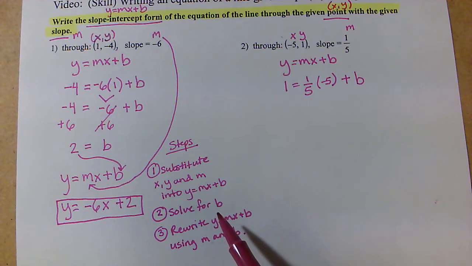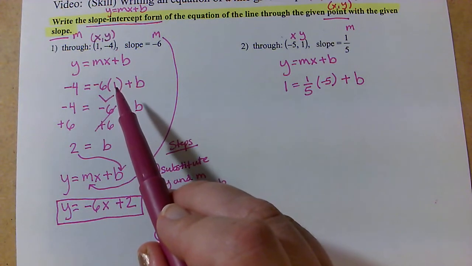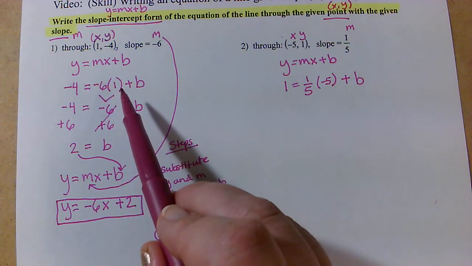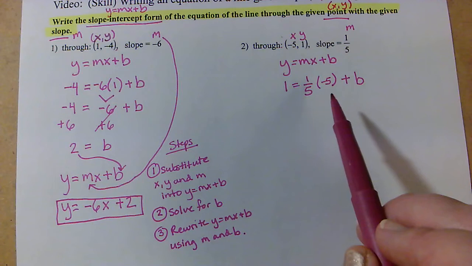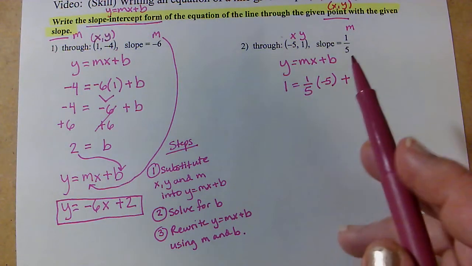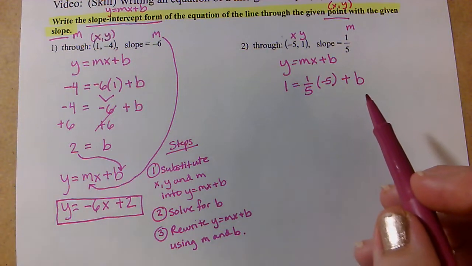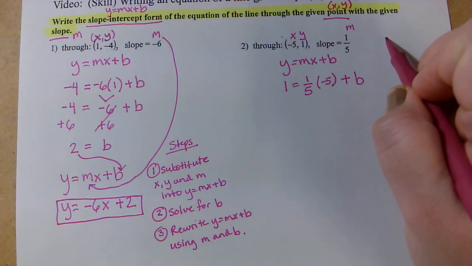Now I'm going to solve for b. So first thing I did over here was I multiplied these 2 together to get what they equal before solving for b. So I'm going to do the same thing here, and I multiply 1/5 and -5. So you may have to throw back a little bit to some multiplying with fractions to remember this, but really I'm going to do it off to the side here.